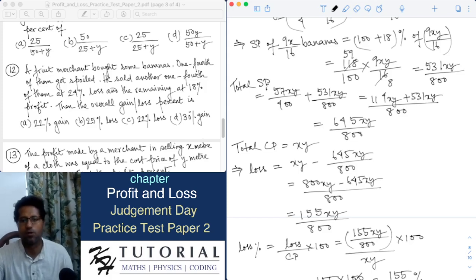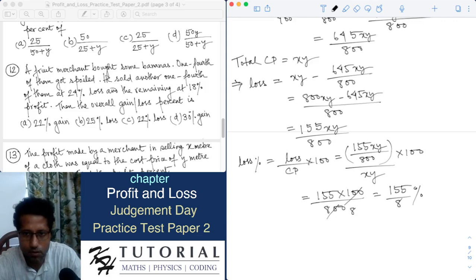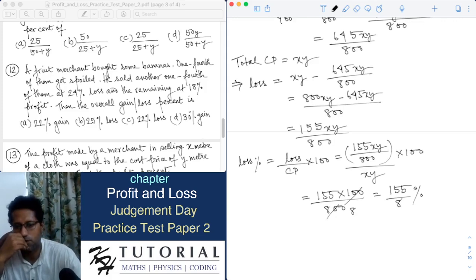This is the total loss, and we now have to compute the loss percent. Loss percent means loss divided by cost price multiplied by 100. Loss is 155xy by 800 and the total cost price is xy. So this is 155 into 100 by 800.